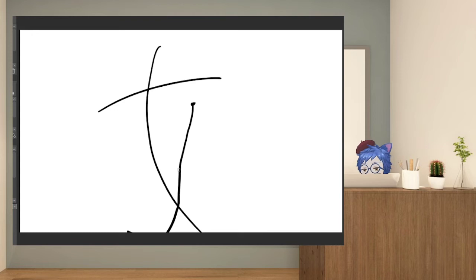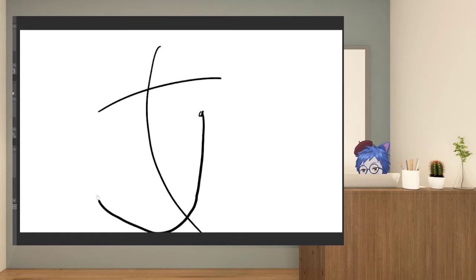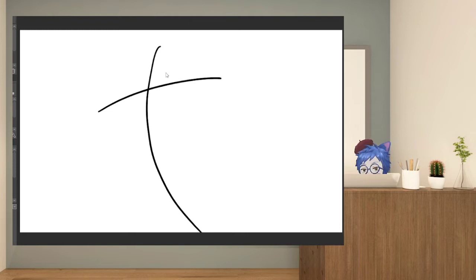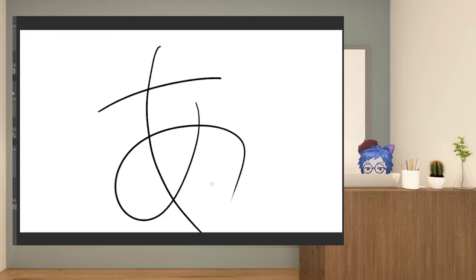Once you've dragged all the way down, you do a circular curve and cross here. You have to cross here, okay? And then cross below this, and then drag it downwards. So you have to slowly practice. Once you start to learn it, you'll be able to draw it easily.